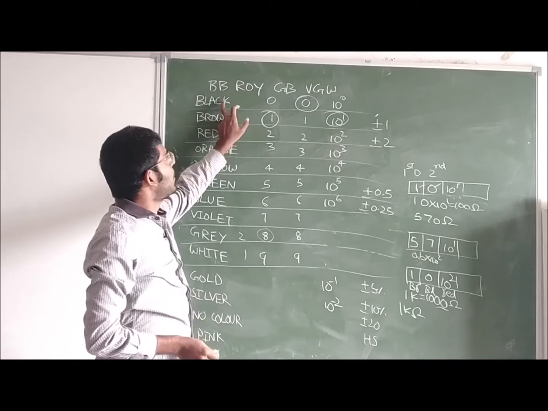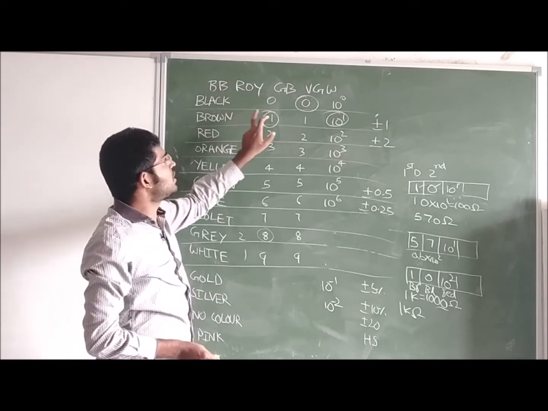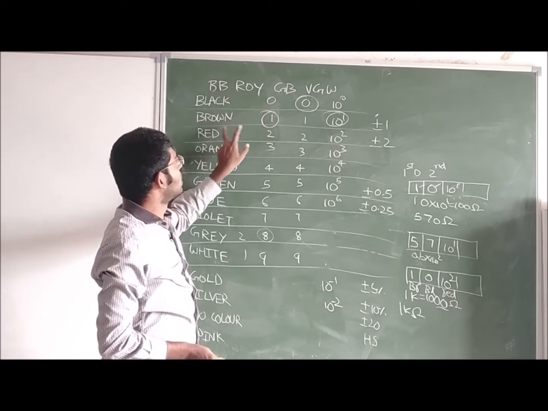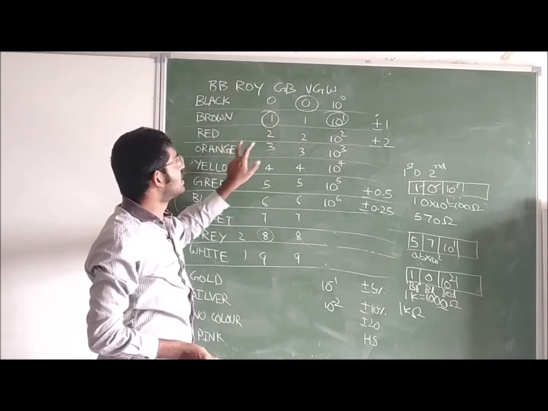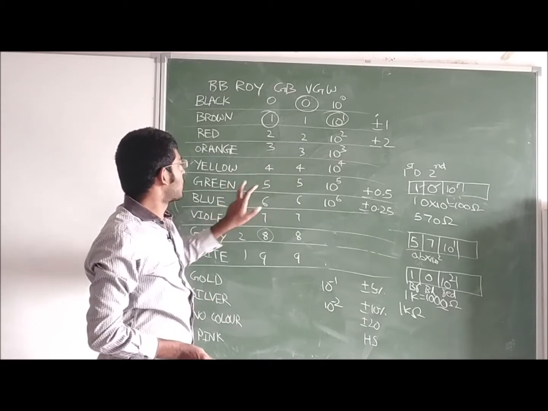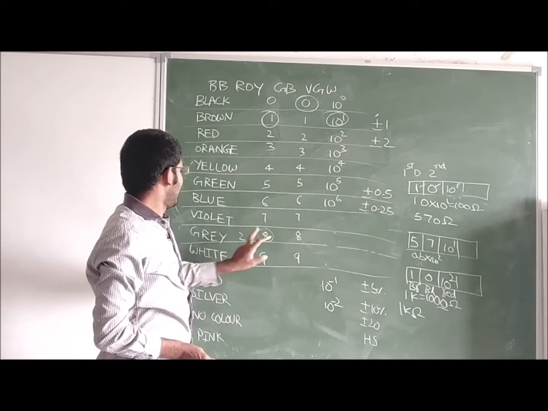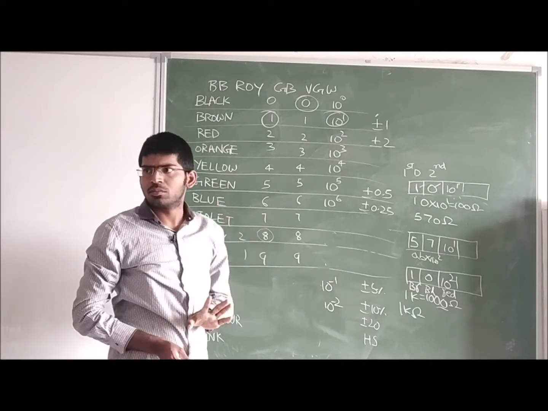Now, here black means 0, brown means 1, red 2, orange 3, yellow 4, green 5, blue 6, violet 7, grey 8, white 9.